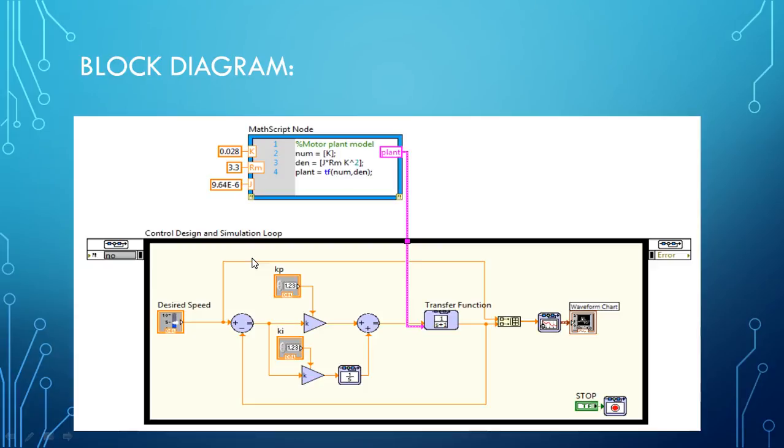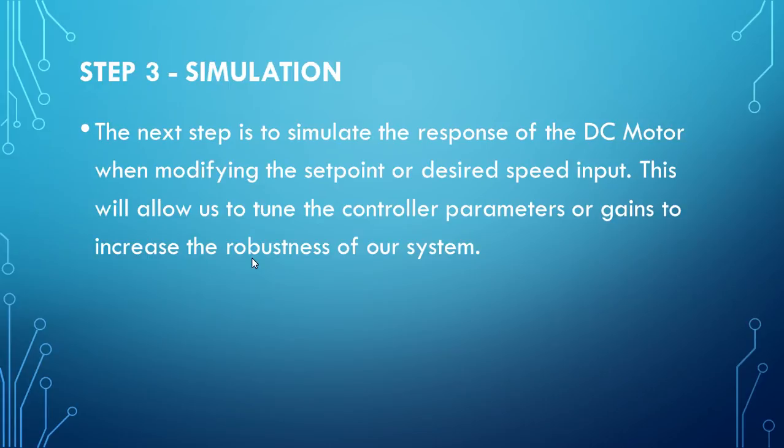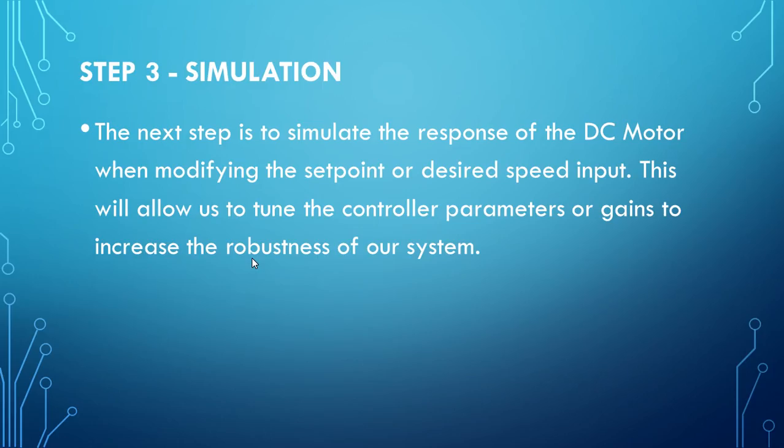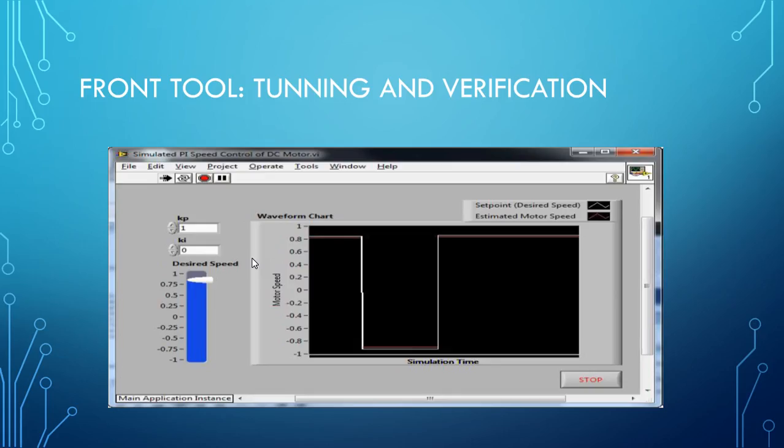And next is the tuning and verification part. By using the tuning and verification part, we can simulate both the controller and the response of the DC motor. We can follow an interactive iterative process to optimize our controller. We will tune the controller parameters from the LabVIEW front panel while verifying the system performance.